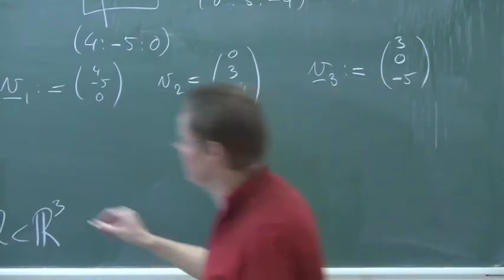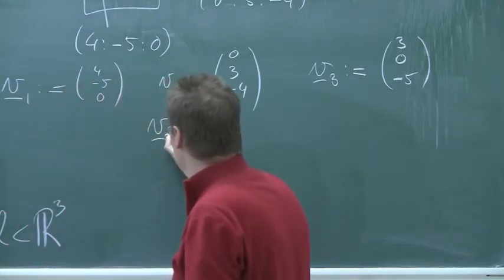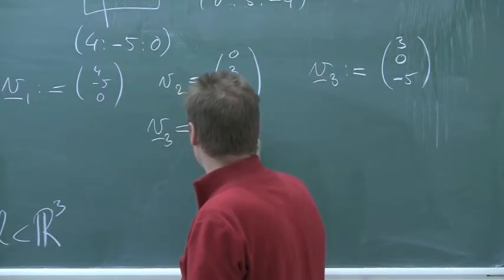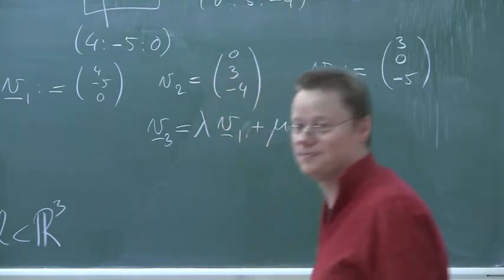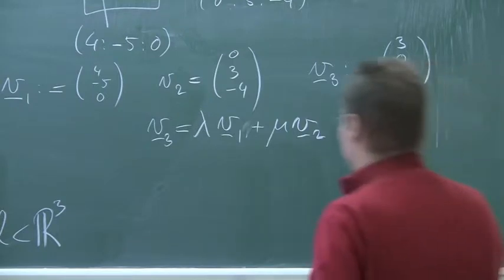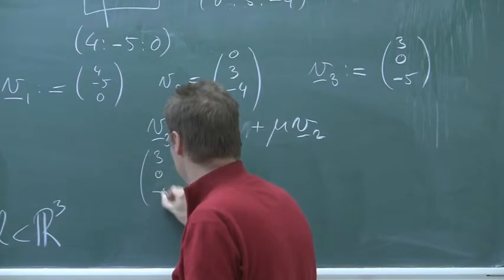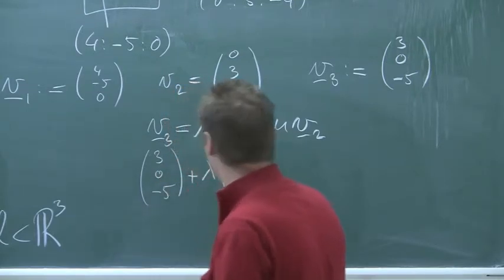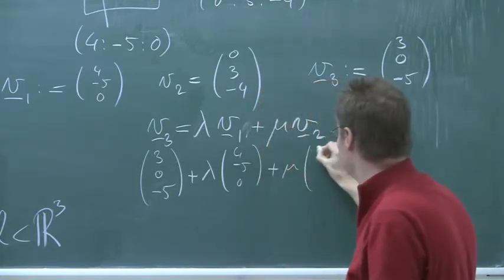I've chosen the vector v3 on B. Now I have to express v3 as a linear combination of these two. Oh dear. Well, this is just linear algebra. Or maybe it's not so bad.